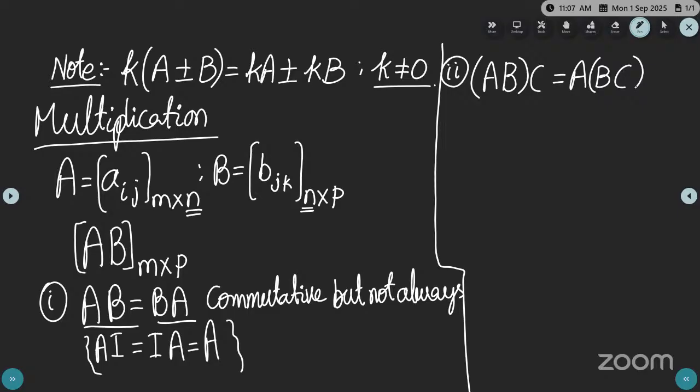Satisfies, but provided their multiplication is possible. Write down. Multiplication of matrices is associative.